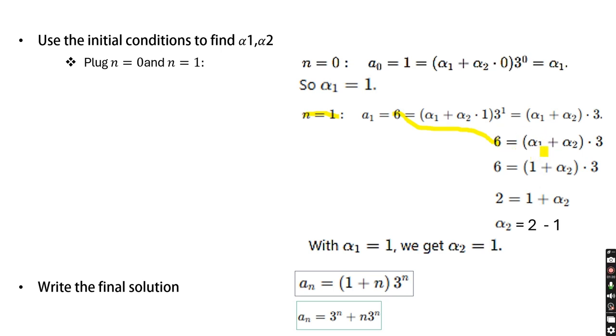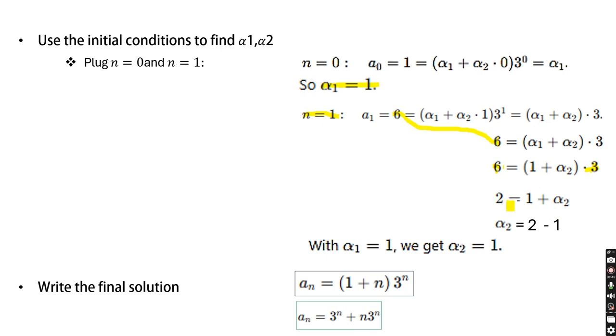So 6 is equals to a1 plus a2 times 3. And then 6 is equals to a1. So the value of our a1 here, we have 1 plus a2 times 3. And then both of these numbers are divisible by 3. So 6 divided by 3 is we have 2 is equals to 1 plus a2.